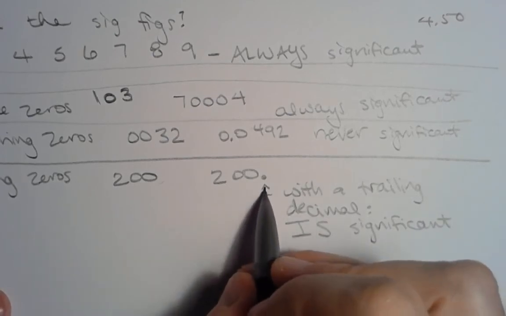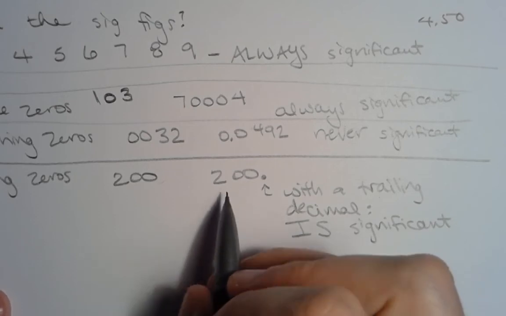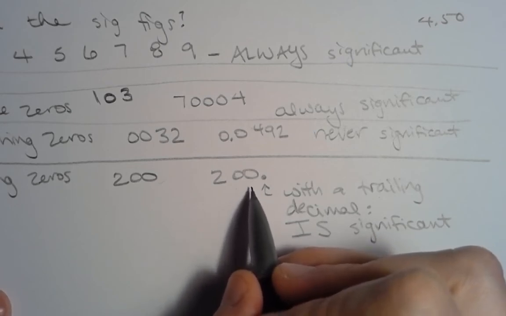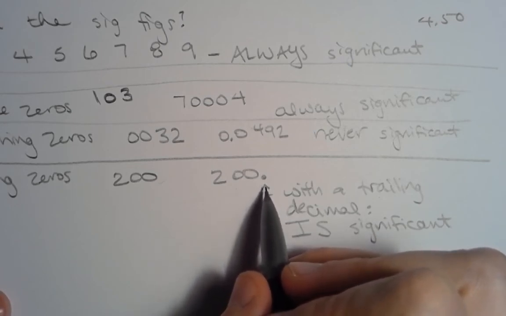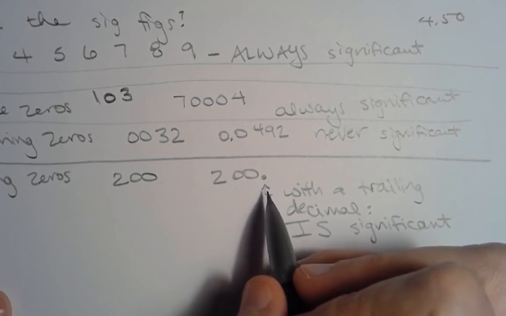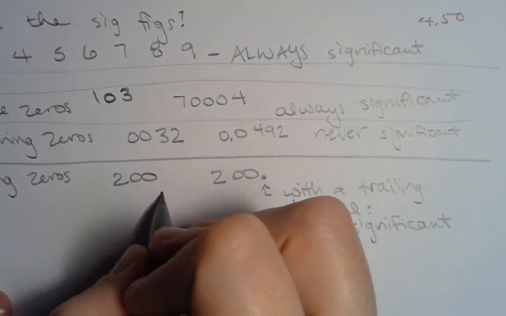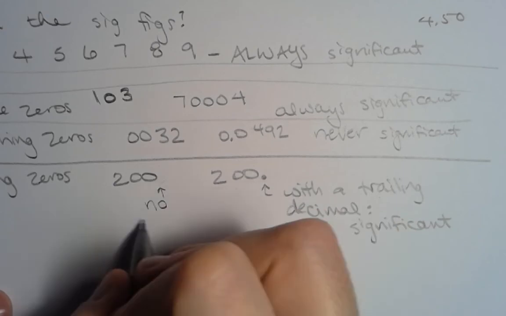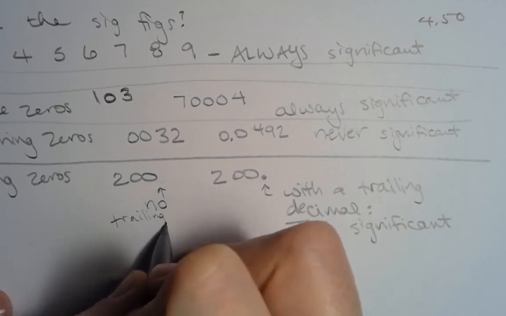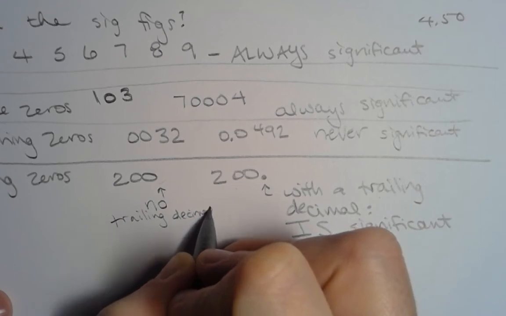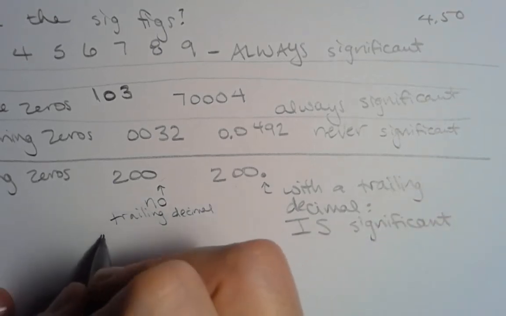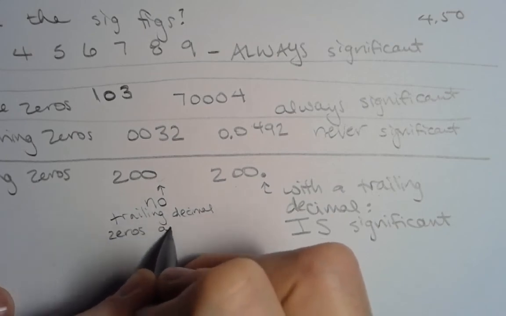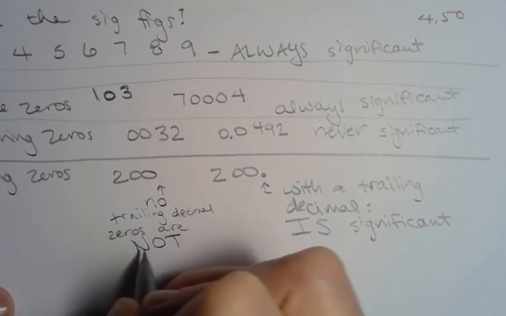So because of that decimal, this number has 3 significant figures. Both of those zeros are significant, we know because we bothered to write the decimal. If we don't write the decimal, with no trailing decimal, these zeros are not significant.